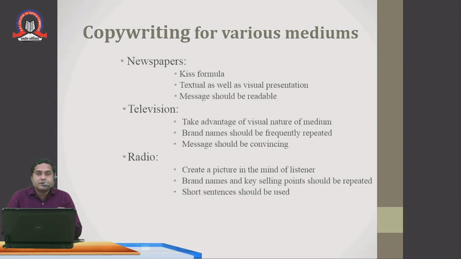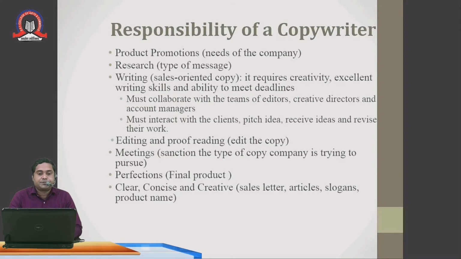In television the audience is watching video, meaning there is an audio-visual effect, and on radio the audience is only listening. So we should be very careful when we write copy for these different mediums.